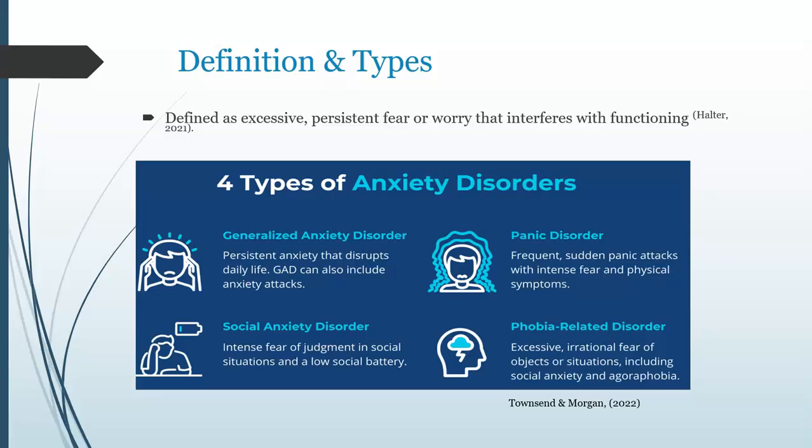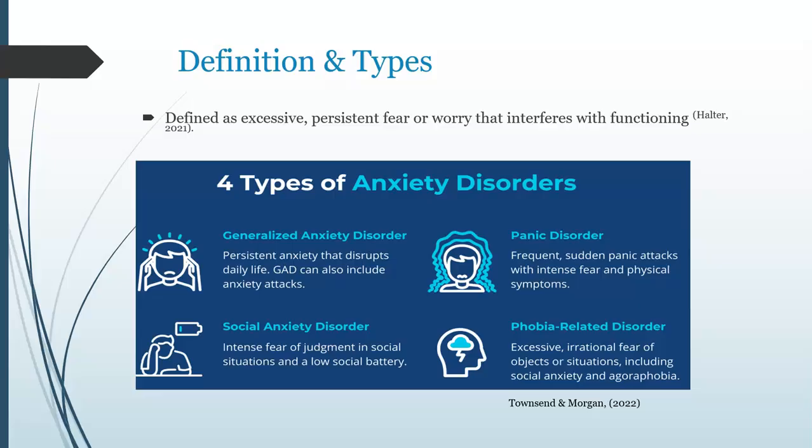The third one, phobias. Phobias are irrational and persistent fears of specific objects, situations, or activities such as heights, spiders, or flying. When exposed to the fear trigger, individuals may experience immediate anxiety and avoidance that interferes with daily life.